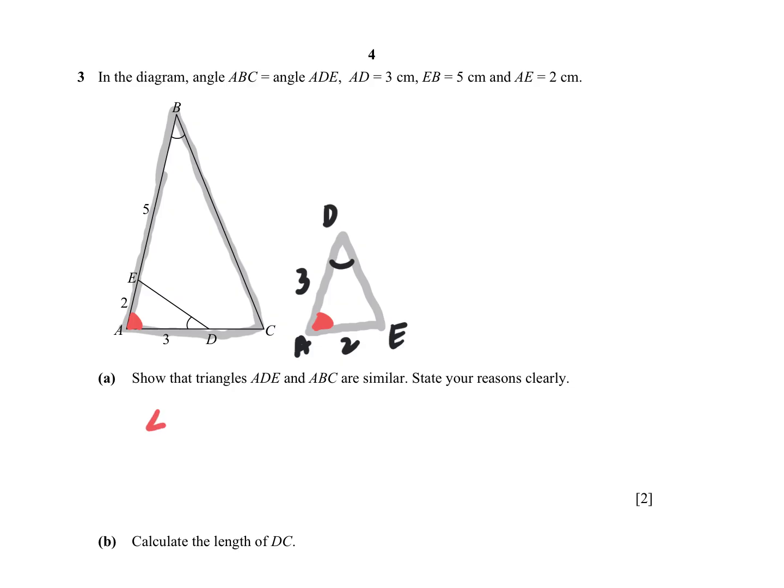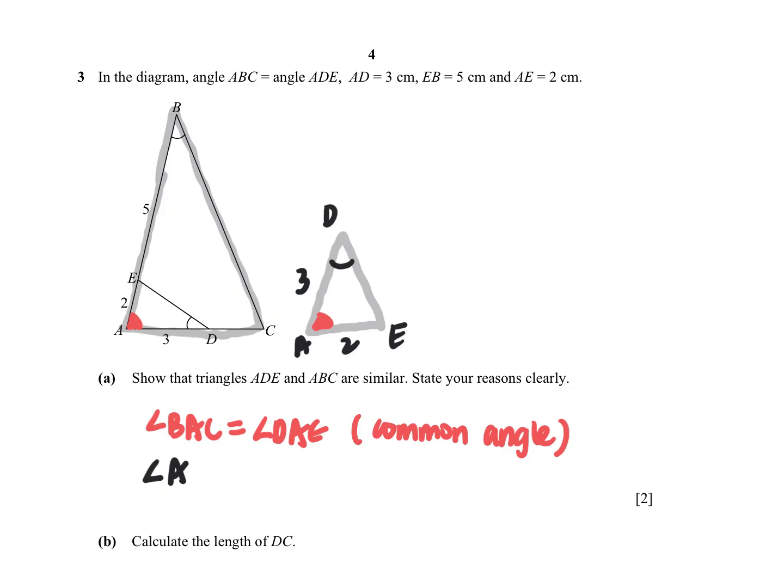So you can tell me angle BAC is equal to angle DAE because it's a common angle. Or you can just tell me that angle BAC is common, also can. Next one is angle ABC is equal to angle ADE. This is given to you from the start.